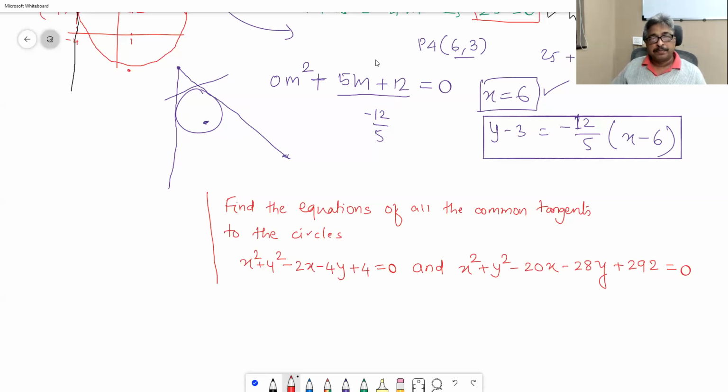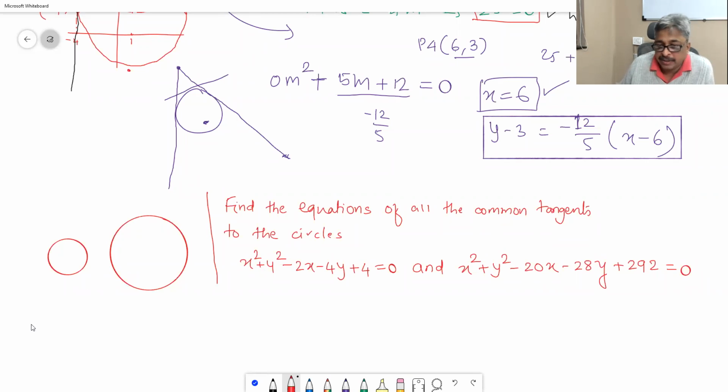Okay, the hint to this problem is we are good in geometry, so you can find out the center and radius of this circle, and the center and radius of this circle.